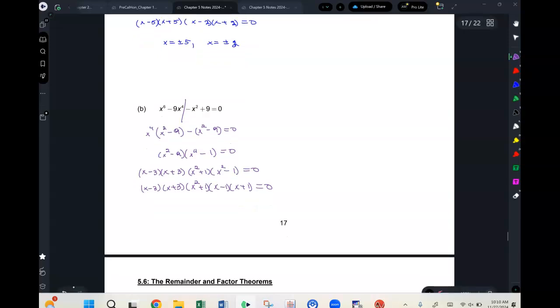Look at how many layers of factoring this has. So from here, x is plus or minus 3. From here, x is plus or minus 1. And then here, x squared plus 1 is equal to 0. x squared equals negative 1. Take a square root. What's x equal to?